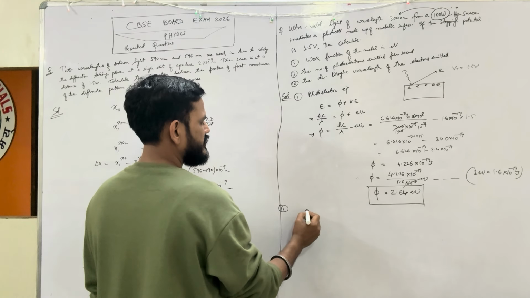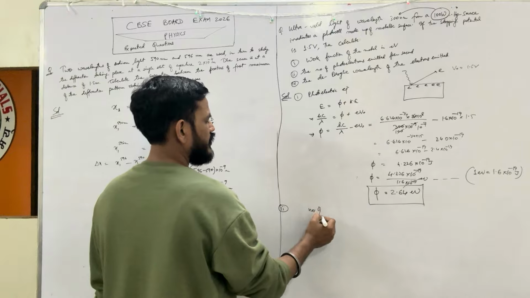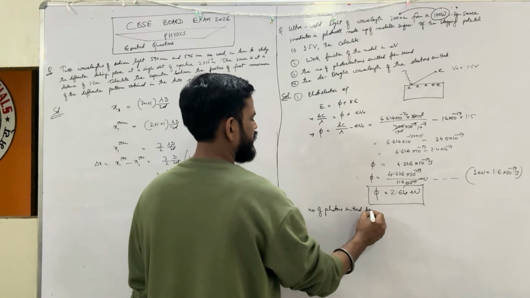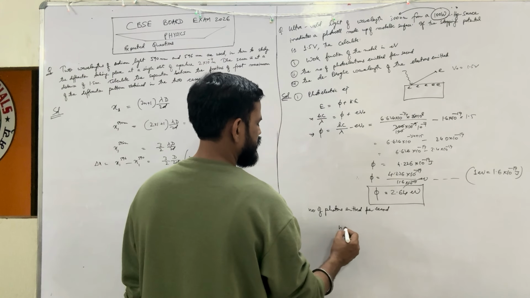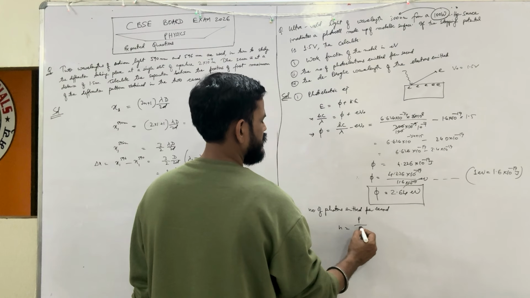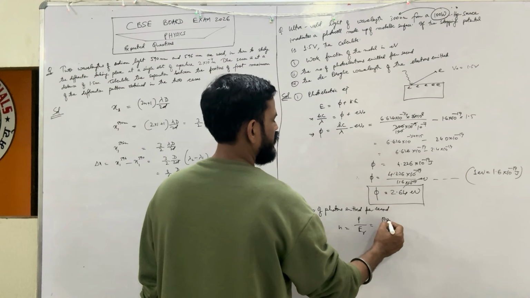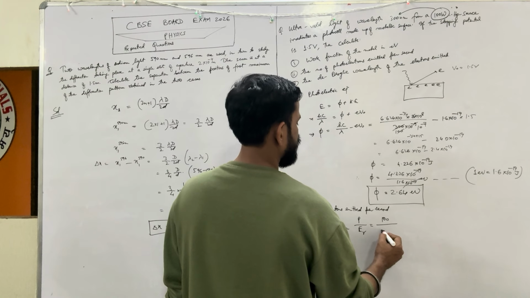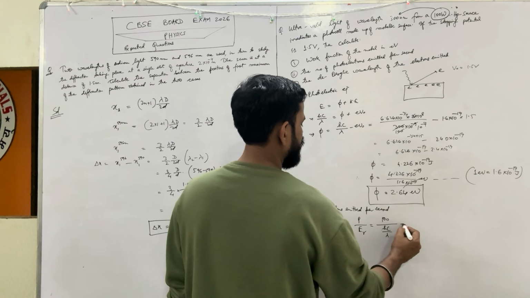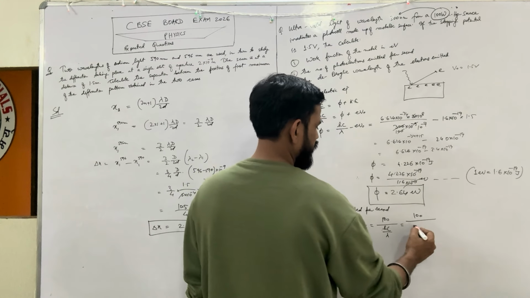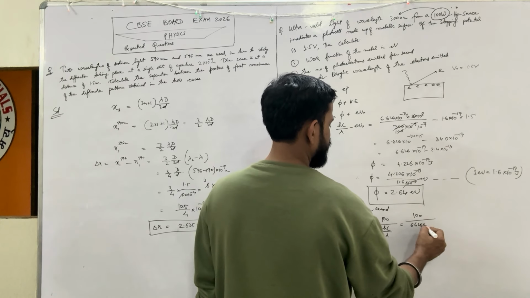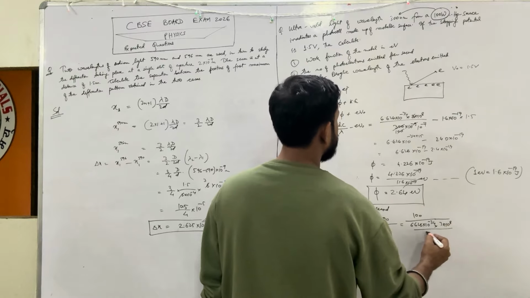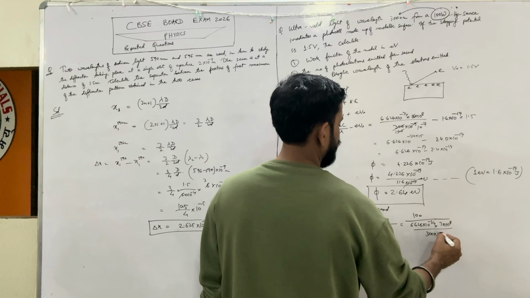So the number of photons emitted per second, n, is equal to power divided by energy of photon. Power is 100 watt divided by energy, which is hc by lambda. So it is 100 divided by 6.626 into 10 power minus 34, 3 into 10 power 8, divided by lambda, which is 300 nanometer, 3 into 10 power minus 9.